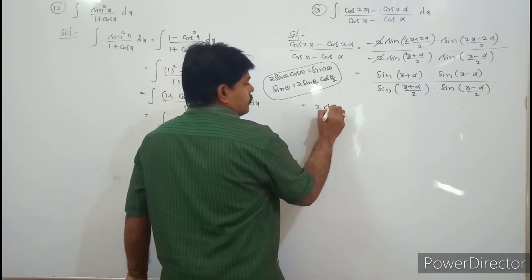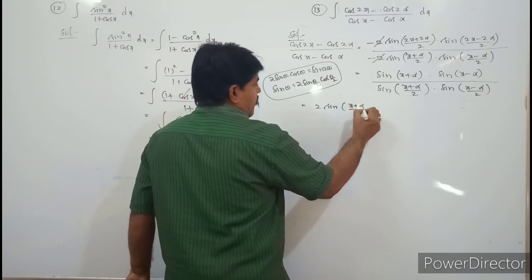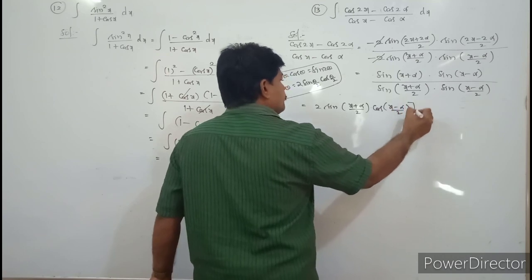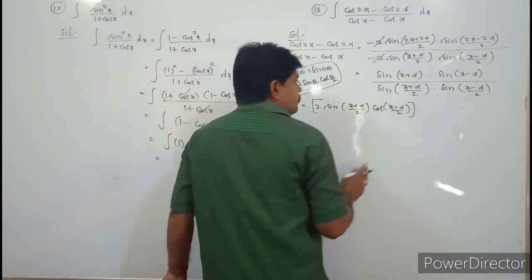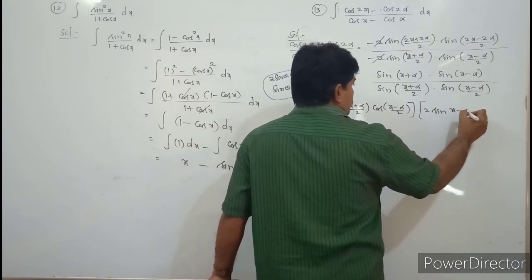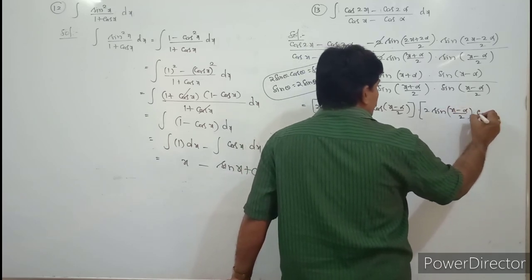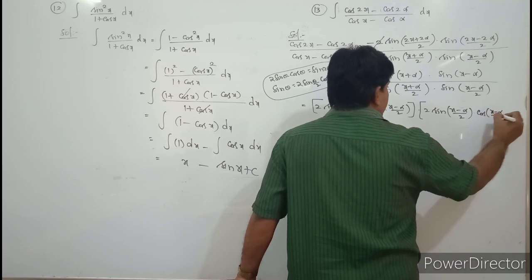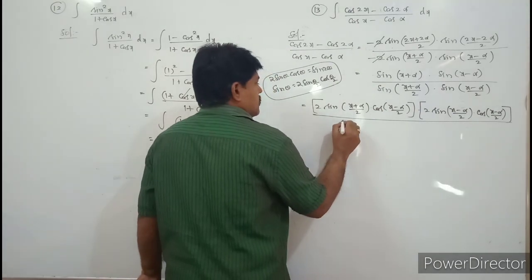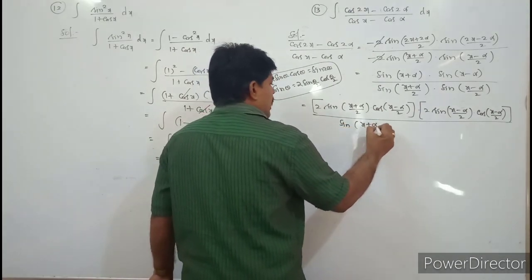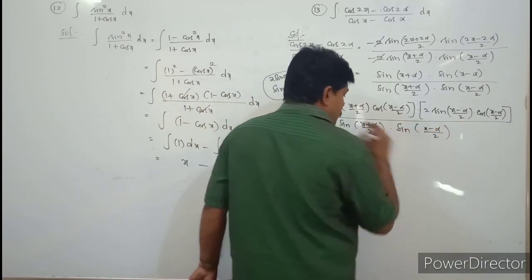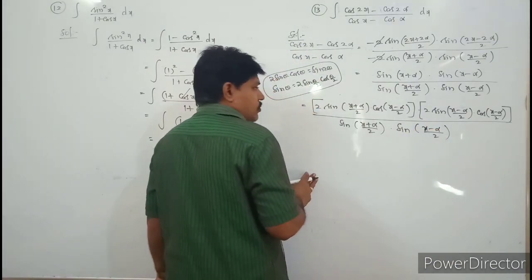2 into sin of x plus alpha by 2 into cos of x plus alpha by 2, into this value. This is also the same: 2 into sin of x minus alpha by 2 into cos of x minus alpha by 2, whole by sin of x plus alpha by 2 into sin of x minus alpha by 2. So what happens, students?